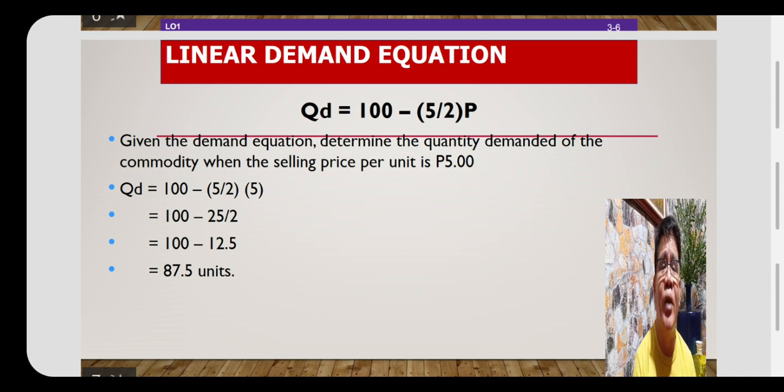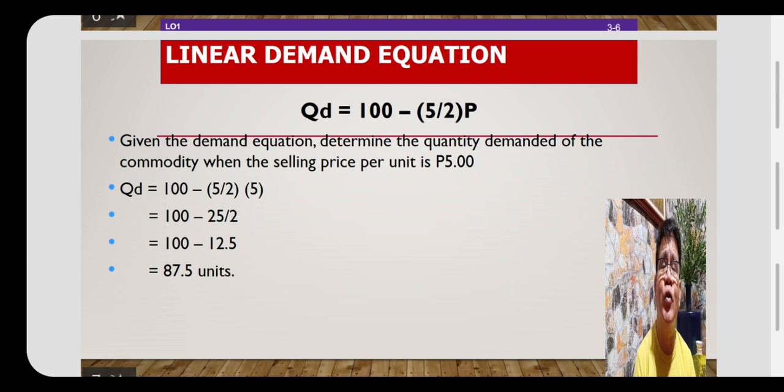Specifically, we substitute the value of 5 pesos for the P variable. Therefore, Q is equal to 100 minus 5 over 2 times 5, since we substituted the value of 5 for the variable P.